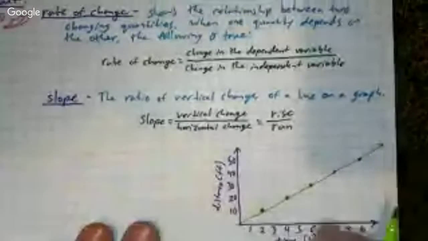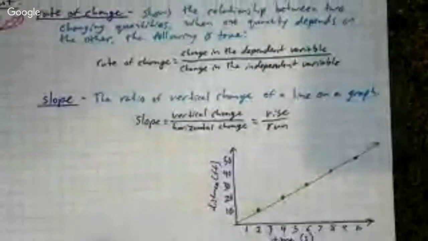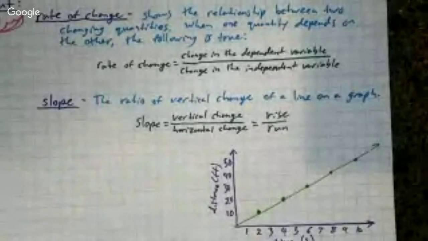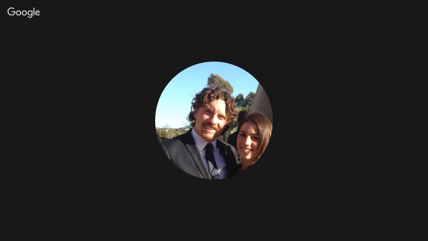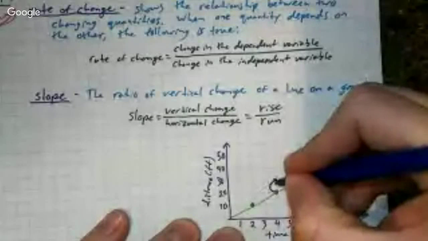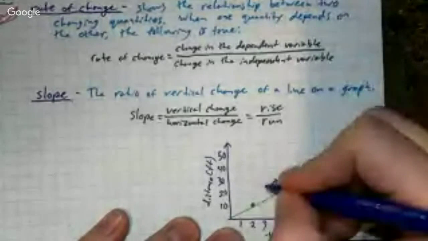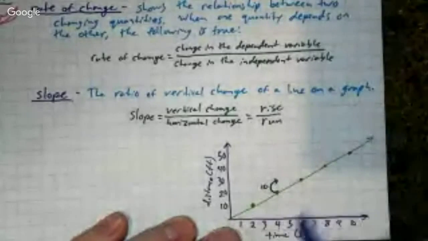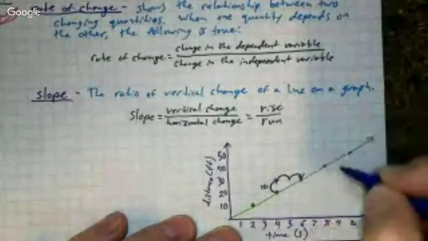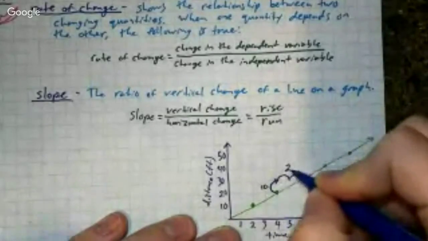If we have that, we can look at any of these points. Let's say I'll pick this one, and I do the rise. There's the rise. I rose what? I rose 10. The run now is the horizontal 1, 2, and that's going to be 2.